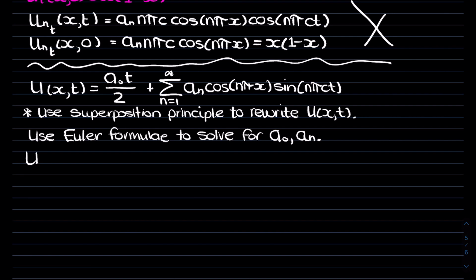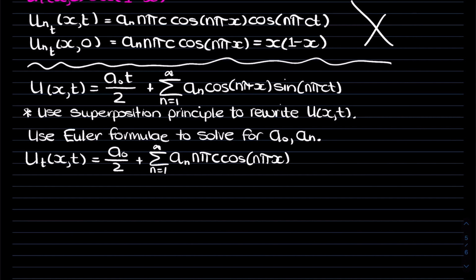So our u of t x of t is now, if we take the derivative of this, we just get a naught over 2. Remember, a naught is some constant, and so is a of n, plus sum n equals 1 to infinity of a of n n pi c cosine n pi x cosine n pi c t.